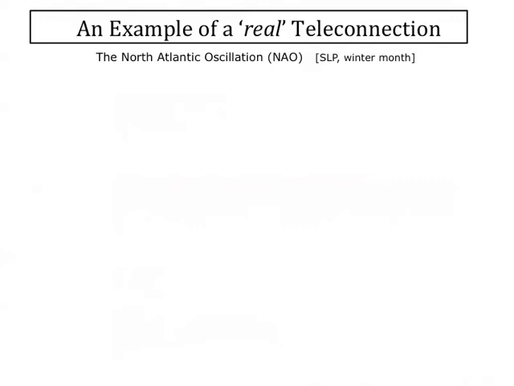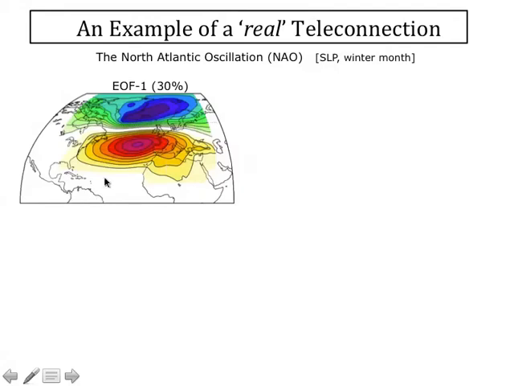I think one of the most famous ones, which probably also introduced this EOF analysis, is the North Atlantic Oscillation, which was known before people used principal component analysis. It's a pressure system in the North Atlantic. When there is high pressure in the Azores and the subtropics, then there tends to be stronger low pressure over Iceland. So there's a strong relationship between what's going on in Iceland and in the Azores.